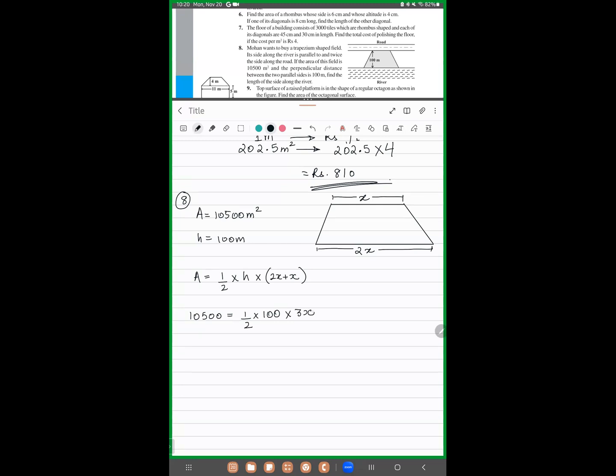So we keep 3x over there itself and everything else. This thing will become 50, right? Now everything else we will take to the other side of the equation. It will become 10500 divided by 50 is equal to 3x.